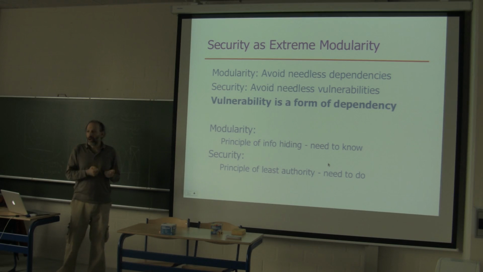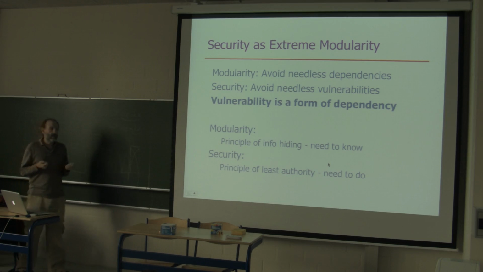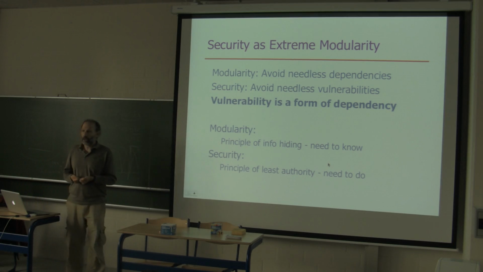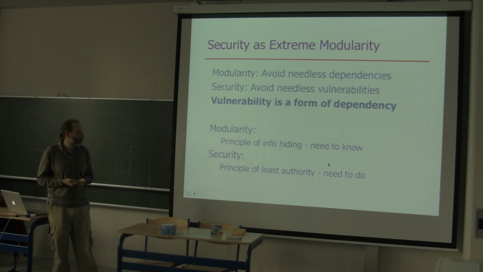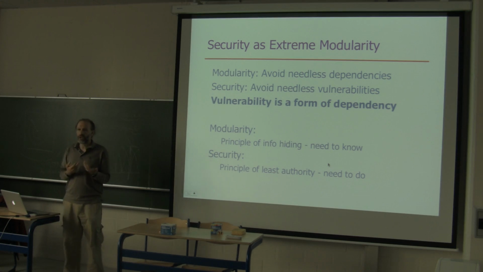The main tool we have for building more modular systems is the principle of information hiding, going back to David Parnas in the 70s. That's the principle that you should build the interfaces of components such that they hide as much implementation detail as possible, and both release to their customers, to the clients of the interface, and demand from their customers only the information needed in order for the component to do its legitimate duties.